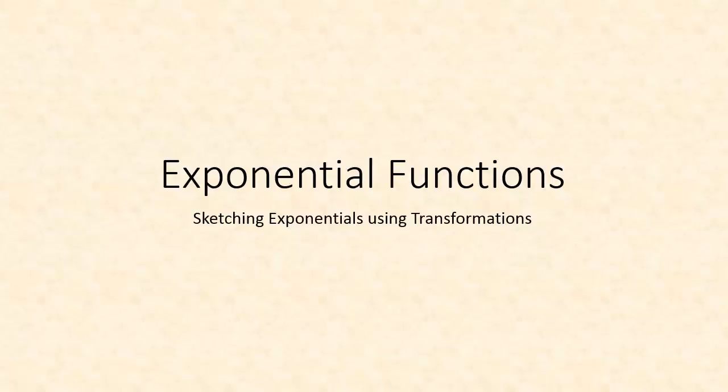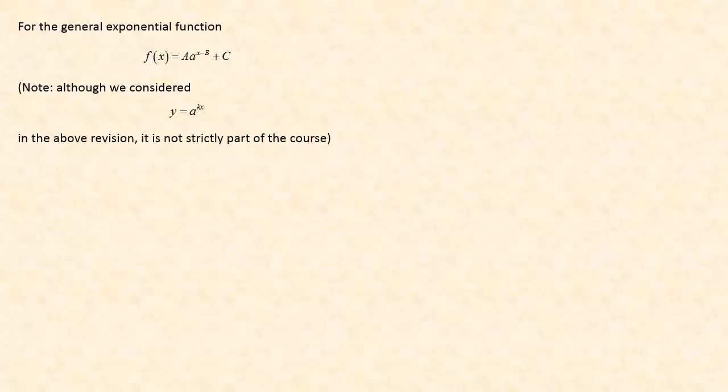Sketching exponentials using transformations. For the general exponential function, f of x is a to the x minus b plus c. Note here, although we considered y equals a to the kx, which we know is a horizontal dilation, scale factor 1 over k, in the above revision, it is not strictly part of the course.